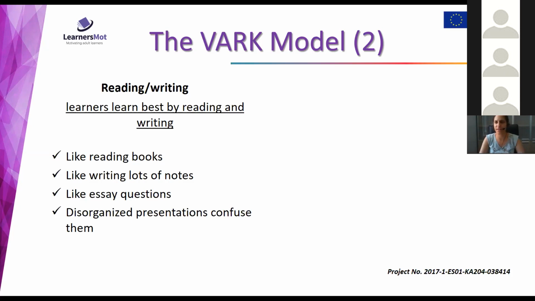This is the perfect learning environment for them. They can express themselves really easily. They are good at writing notes. They are good at reading books. And they are good at the tests that we give them when they have to answer questions or develop an essay on a topic.